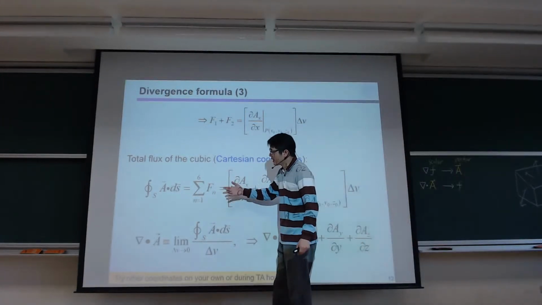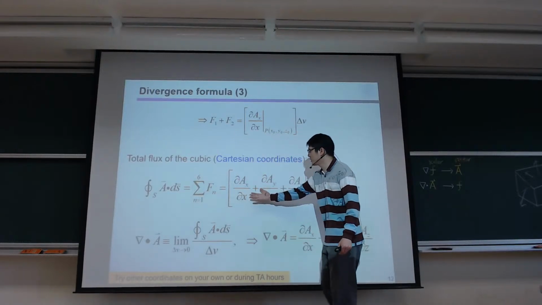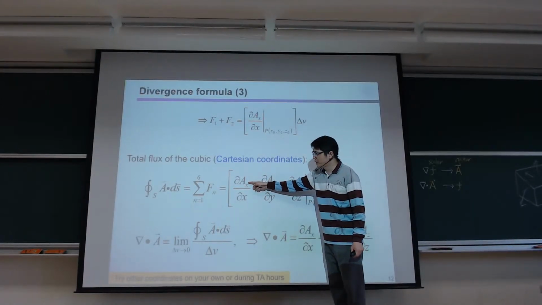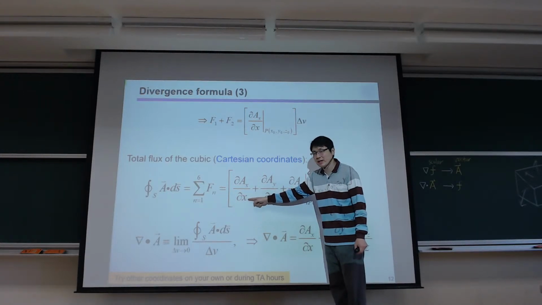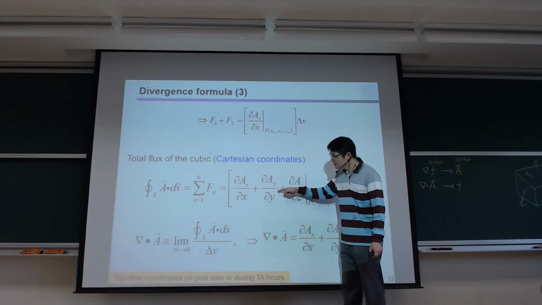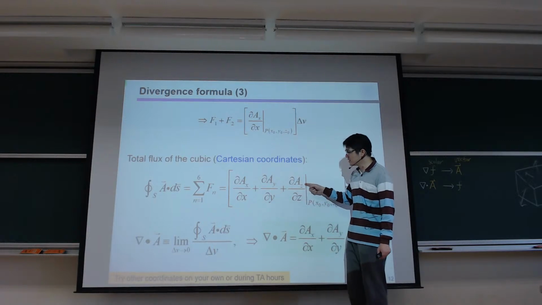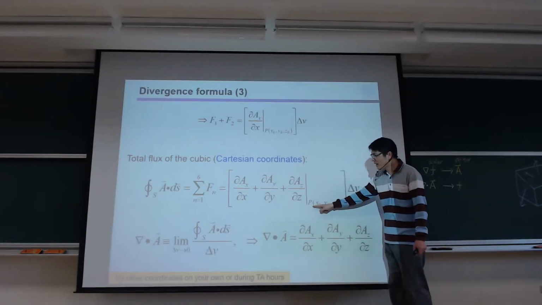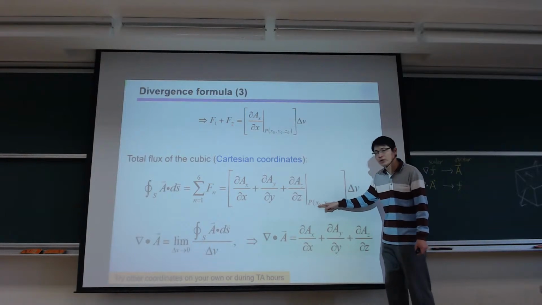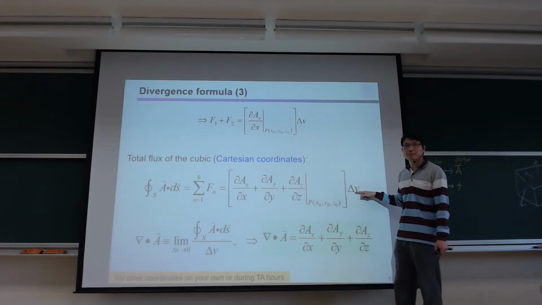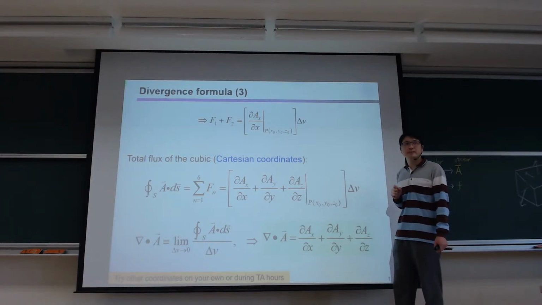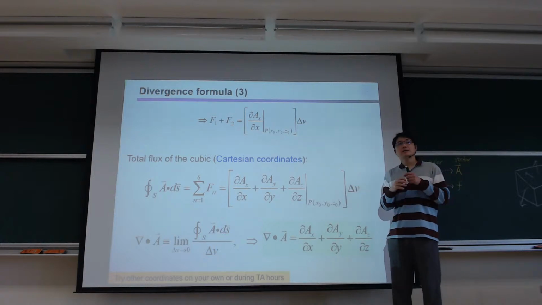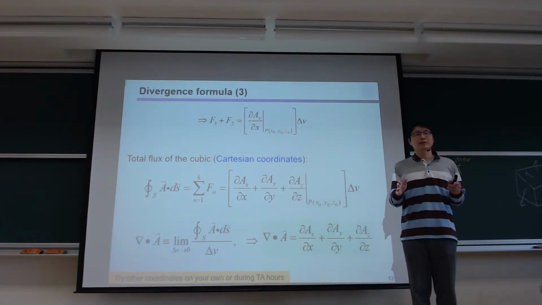So altogether, all 6 surfaces will give you the x component having partial derivative to x plus the y component partial derivative in y plus Az partial derivative in z. They are all evaluated at the center point of your cube and together multiplied by the differential value. Okay, so this is our very first evaluation of the net outward flux of the field on all surfaces.